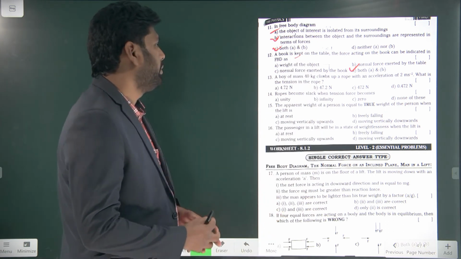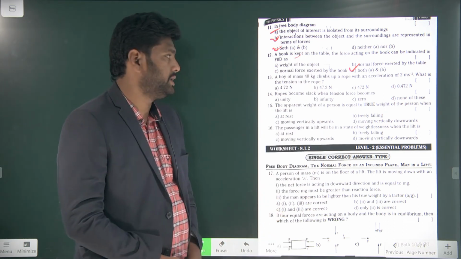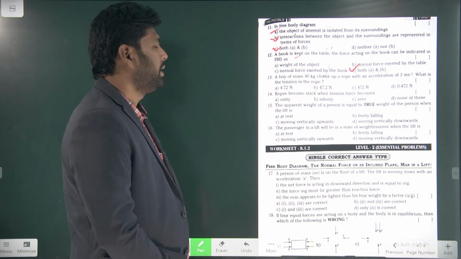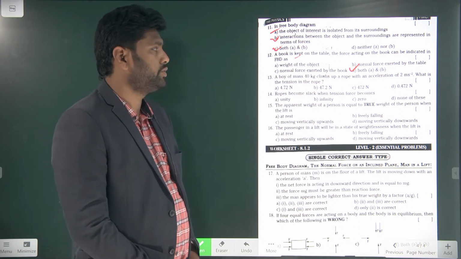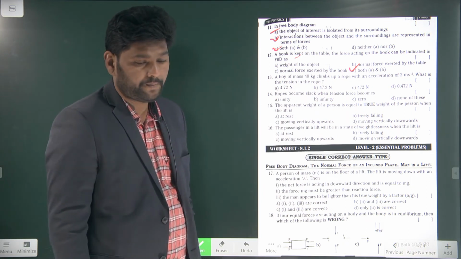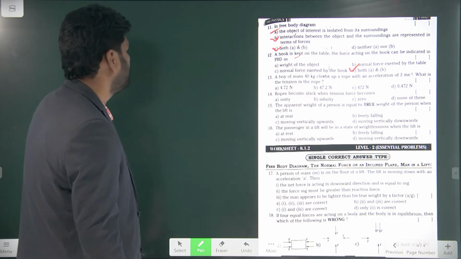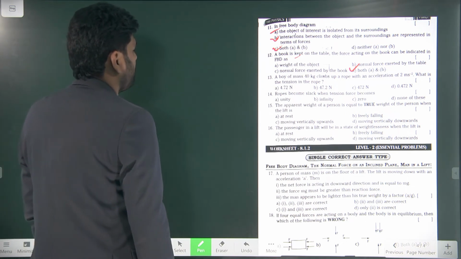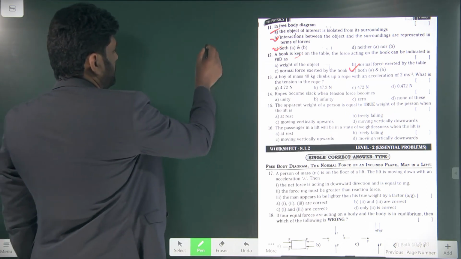Next, a boy of mass 40 kg climbs up a rope with an acceleration of 2 meters per second squared. What is the tension in the rope? We can solve this problem by seeing the free body diagram.